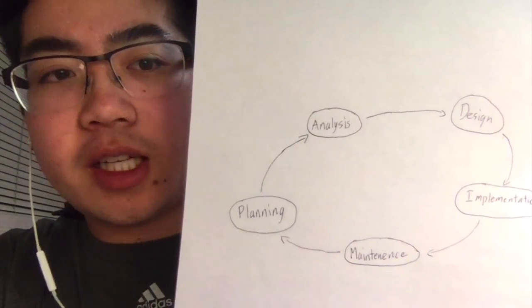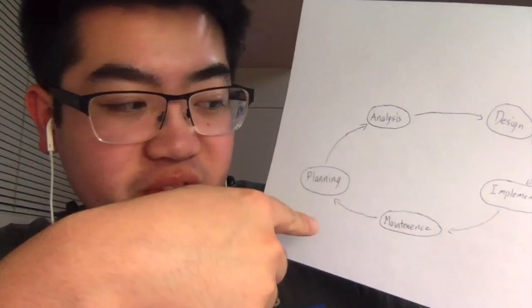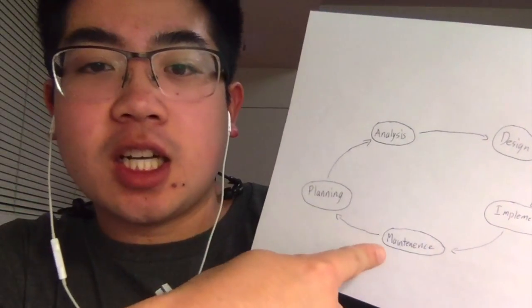So as I mentioned, you just go through the cycle. Even though maintenance is the last stage, you may go back and find that there's a problem. Just go back to the planning. So it sort of works as a cycle.